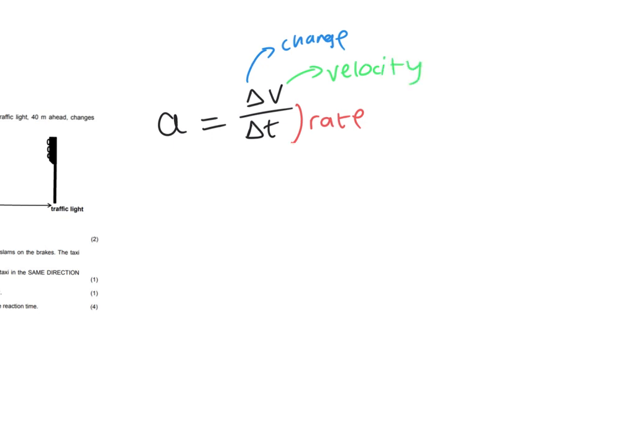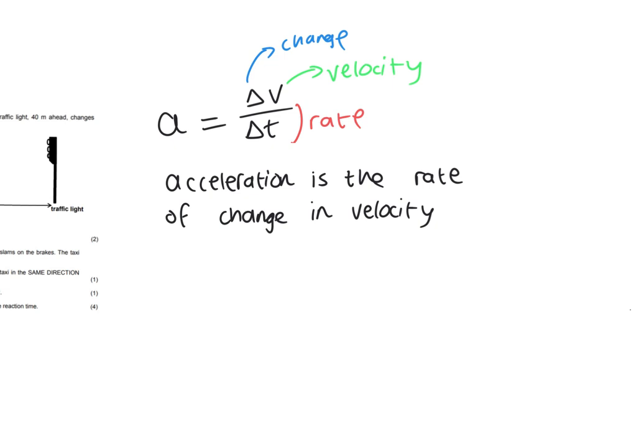So to get those 2 marks, it is the rate of change in velocity. You're not going to say it is velocity divided by time. You need to know what dividing by time means. So you have to say the full words in order to get your full marks.